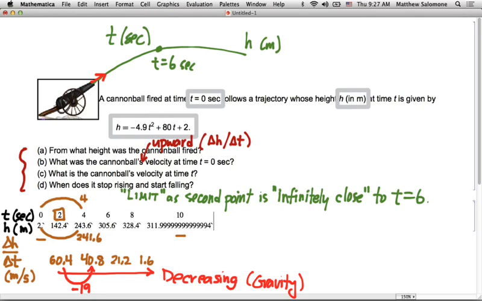I think it's 20.4, isn't it? Unless I'm turned around. 40.8 minus 60. Oh no, you're right. Yeah. Sorry to have doubted you. 19.6. So 19.6. How about from the next time period to the next time period?